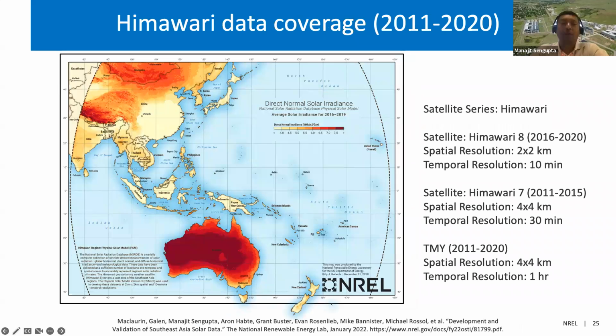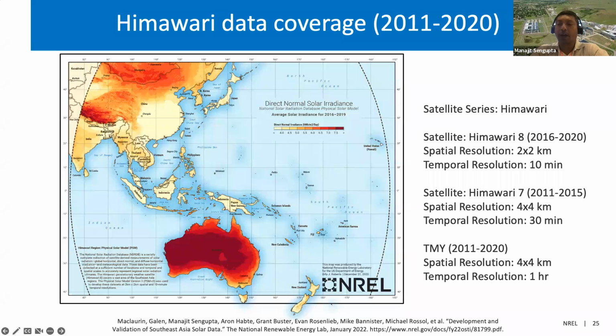Then we have the Himawari, which covers China, Australia, Japan. As you can see, the Himawari covers the period from 2011 to 2020, and there are 3 satellites involved: the Himawari 8 with a 2-kilometer by 2-kilometer spatial and 10-minute temporal resolution.